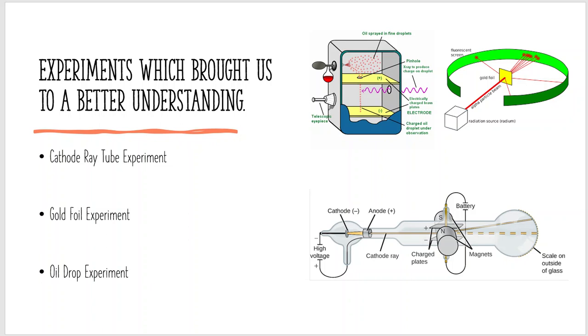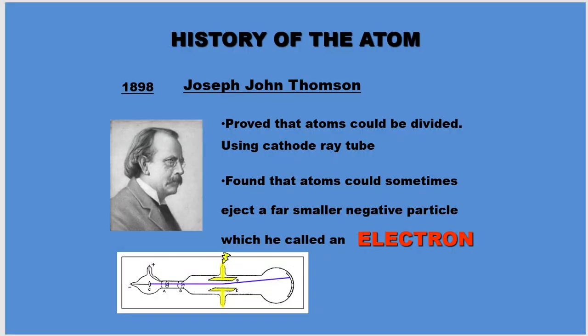All right. So first, let's talk about the cathode ray tube experiment. Okay. So J.J. Thomson gets credited with discovering the electron. Now, he called them corpuscles that we now call the electron, but basically he figured out that there were negatively charged particles. Okay, and we now call those the electrons.